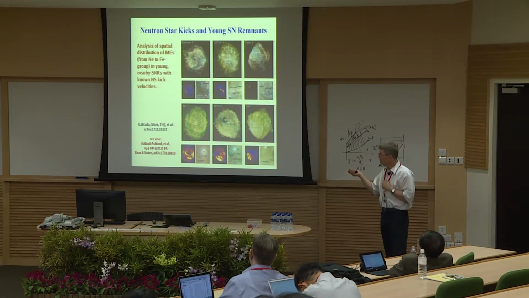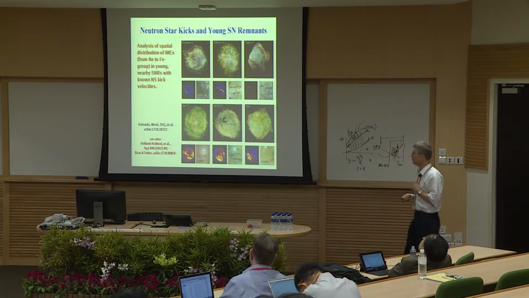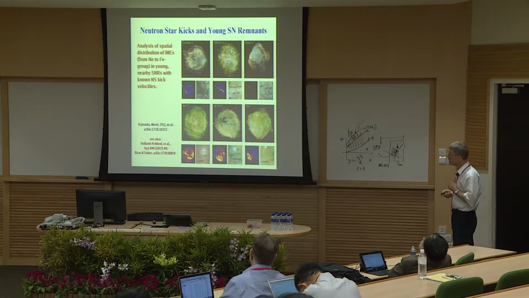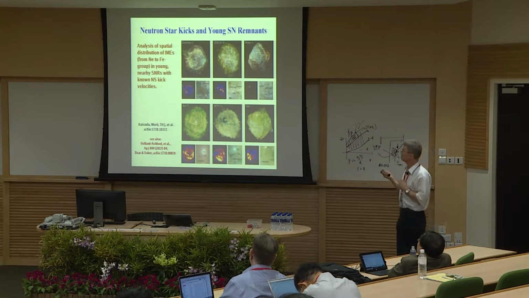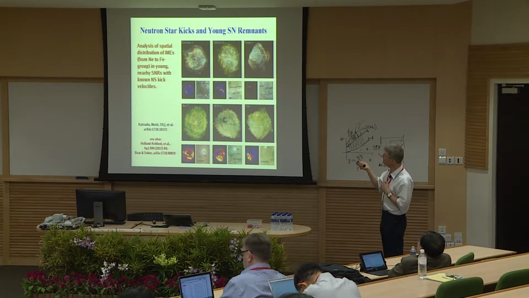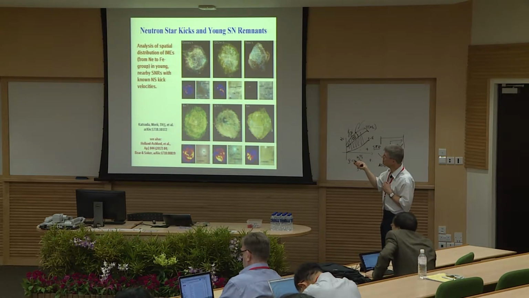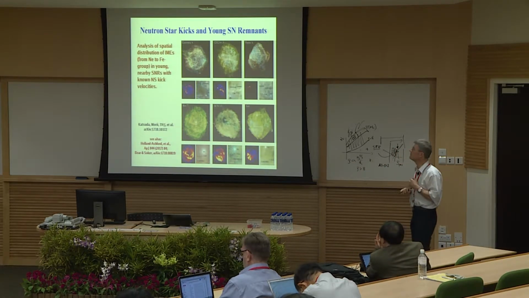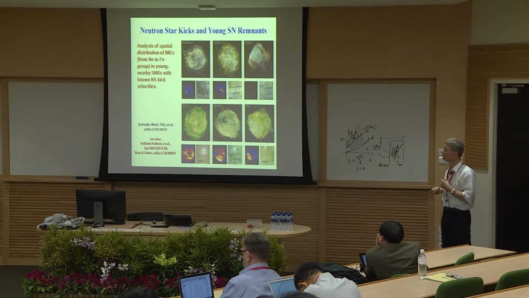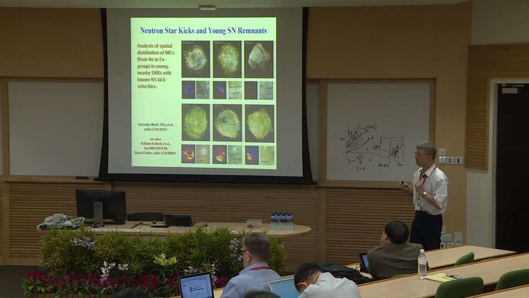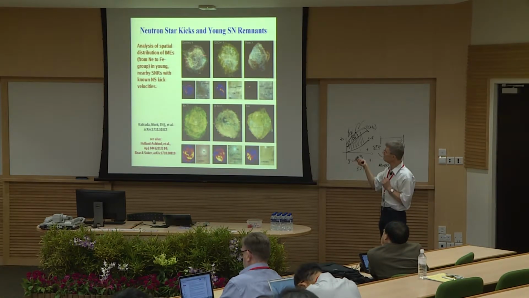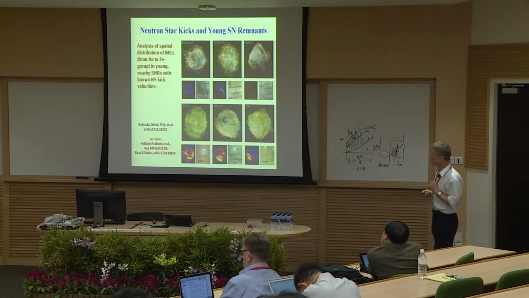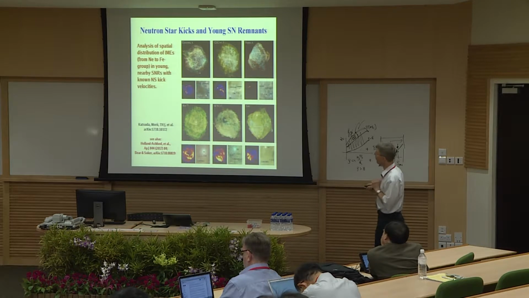A collaboration here done with some group in Japan, where data were available of X-ray observations of these supernova remnants, and in particular, they could identify the location of intermediate mass elements between about neon and the iron group, for which we have predicted these large asymmetries, and for these supernova remnants, of which I show you the set of, also the neutron star kick was known, or is known.